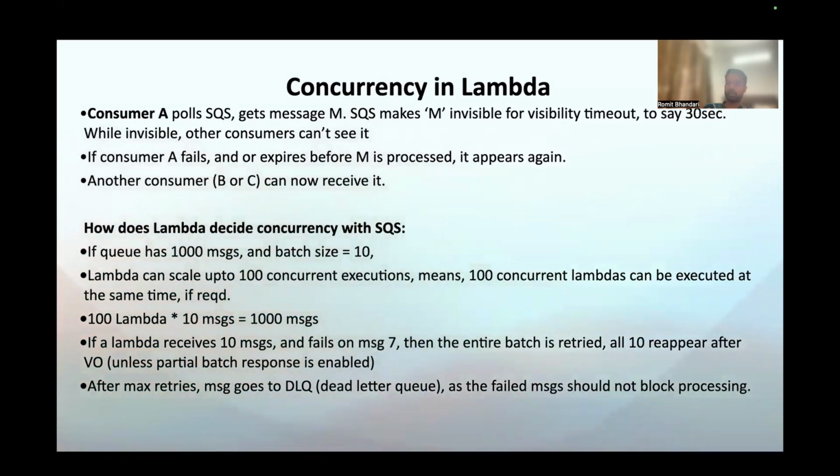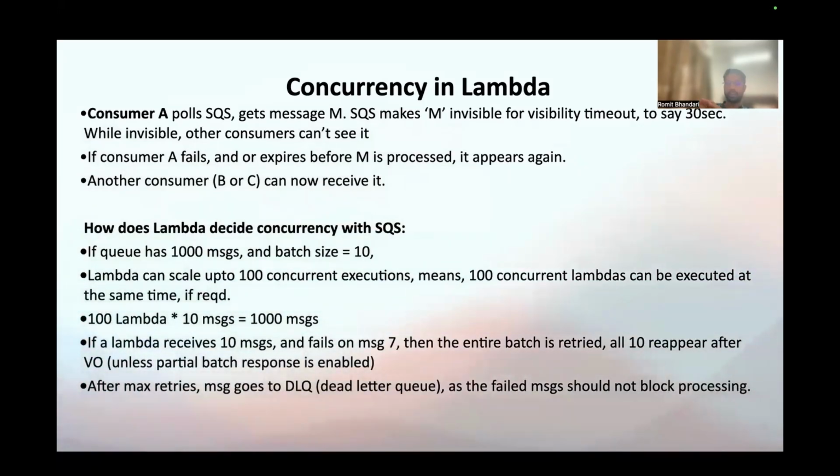It shouldn't be that a message keeps on failing and then keeps on reappearing. So after a few retries, it goes to DLQ, where it will then not reappear for processing. The other messages will anyway continue in their queue.